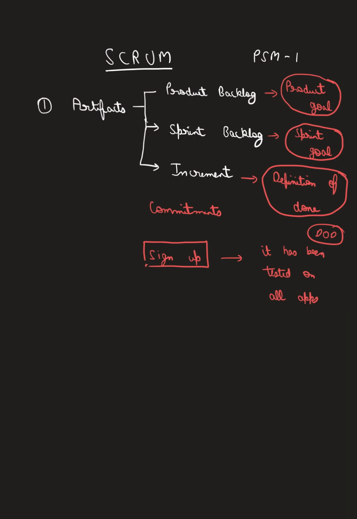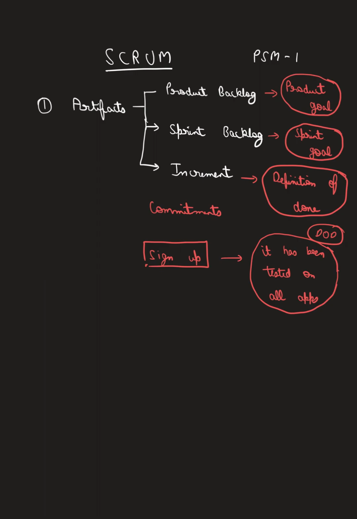Some other people will think, let me develop it for the Android application only. Others will think, let me develop it for the iOS application only. But when you define your definition of done as tested on all apps, that means it should work on all the applications where your feature is present. So that's why definition of done is very important.